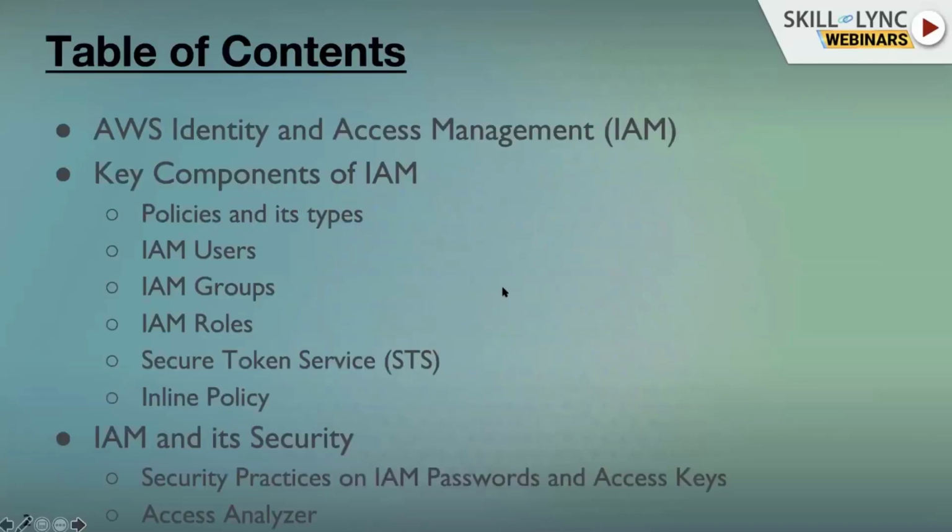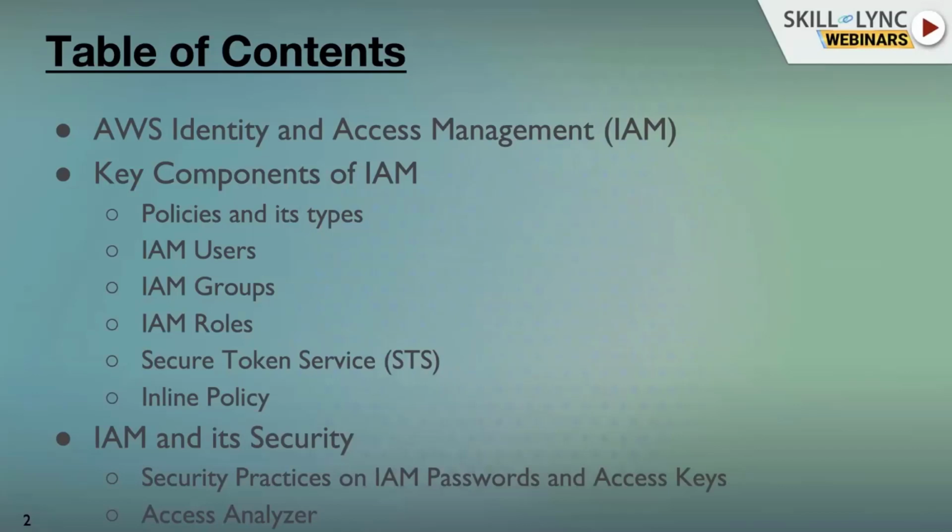This is the particular content today we are planning to cover in identity and access management. So we'll start with understanding what IAM is specific to AWS, and then we'll go one step deeper and understand what the key components present in IAM are.